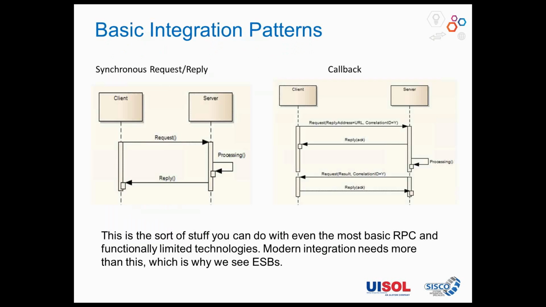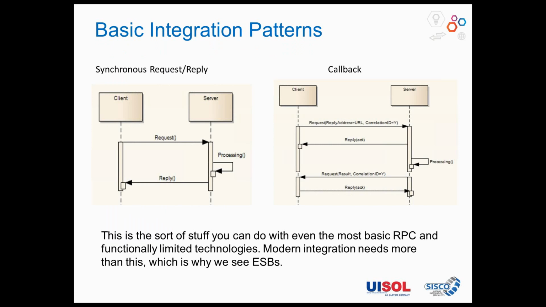So in keeping with that, we're going to look at a little bit of what those patterns are and delve into it a bit. This is a basic integration pattern, the synchronous request reply and callback. These are the kinds of things you would use for any kind of remote procedure calls, basic functionality, limited technologies, things like that. You'll notice there's no ESB in between.